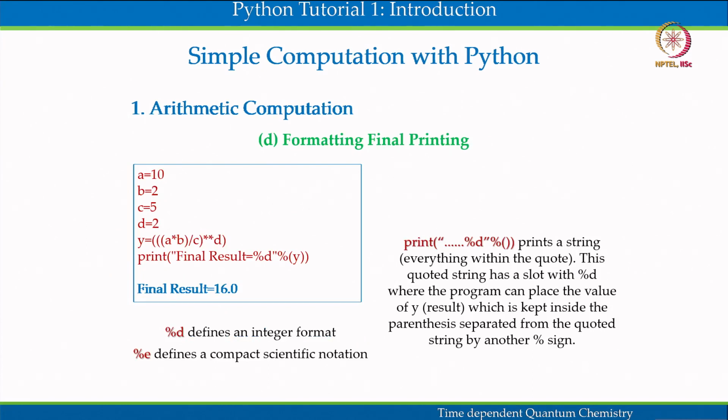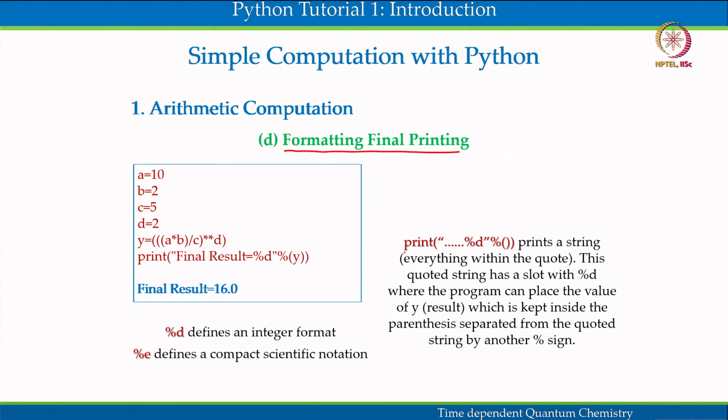It is not related to the computation exactly, it is related to the final printing format, how we are printing the final result. So formatting the final result is a good idea, and we will use this construct.